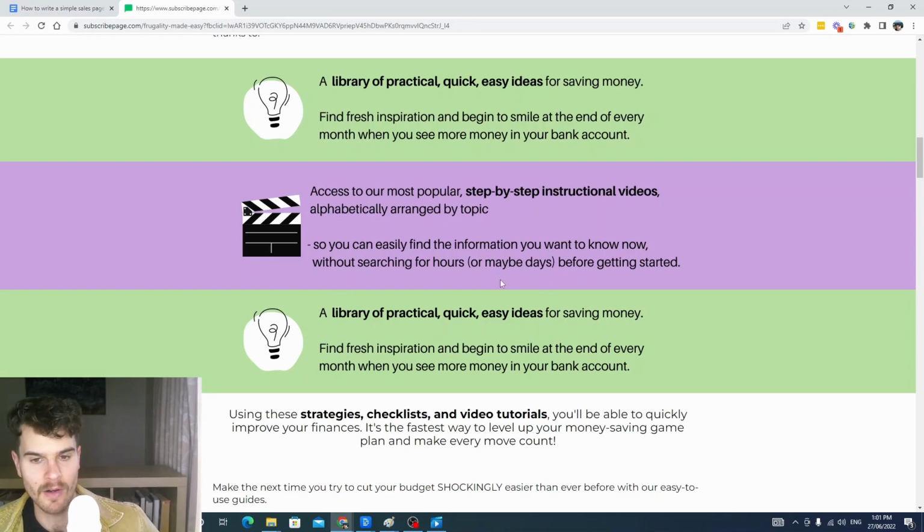I don't think it'll take that long, before getting started. Okay, so what's the feature? You get step-by-step instructional videos. Okay, what's the benefit? It means that you just get to look at the video once and start saving money that day. And what's the feeling of that? Well, instead of complicating the process and not having a framework, it makes budgeting fun, or makes frugality fun.